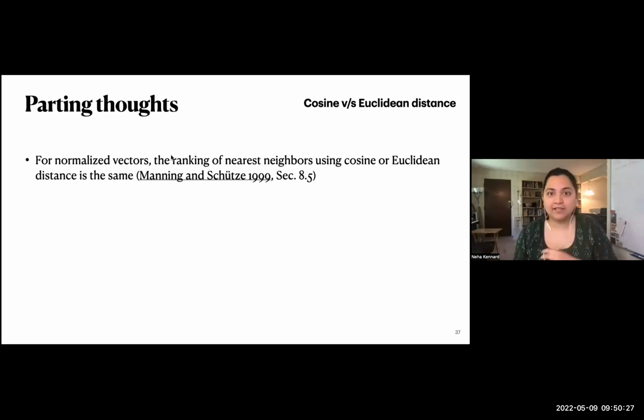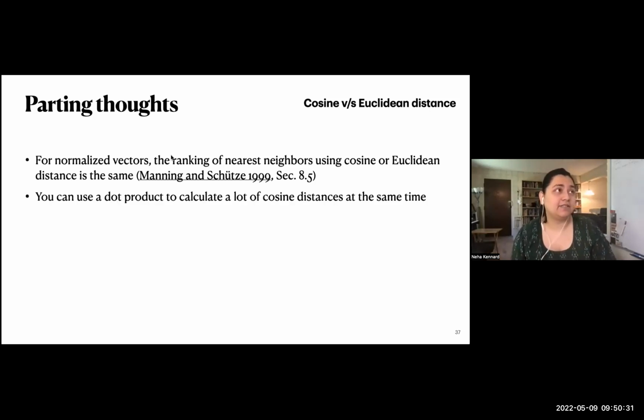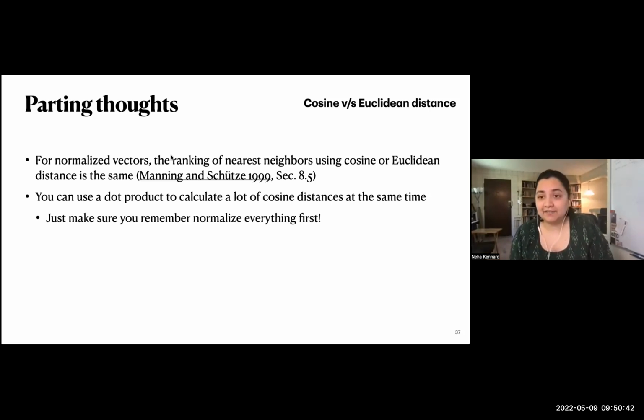So it doesn't make a difference. But where it does make a difference is that if you're using cosine distance, you can use a dot product to calculate a lot of them at the same time, and that really speeds up your evaluation. Just remember to normalize everything first.